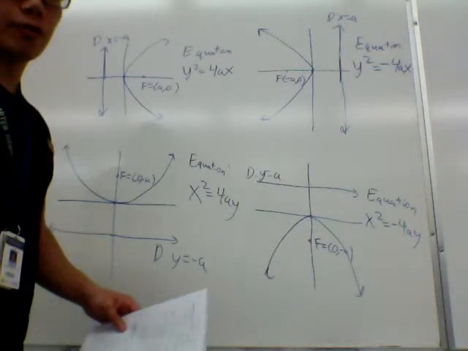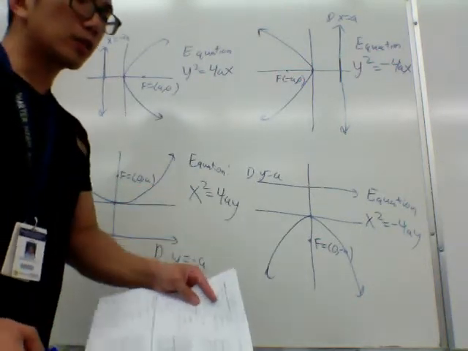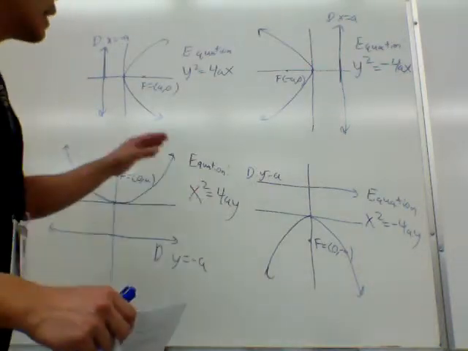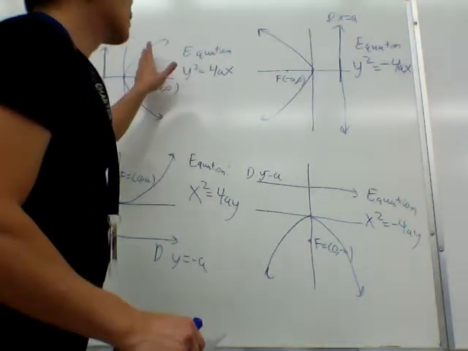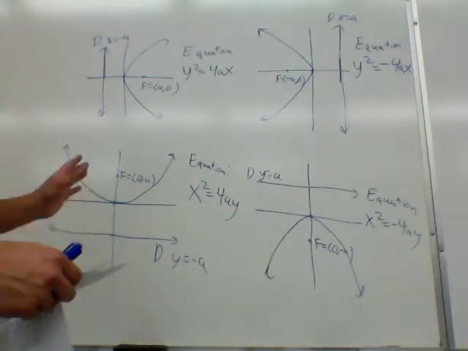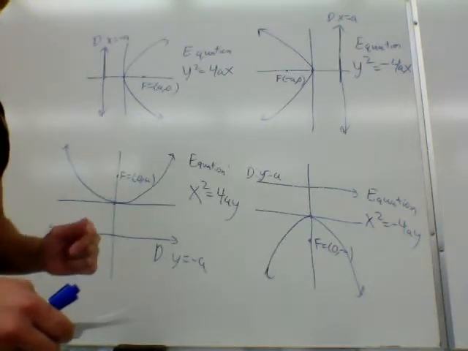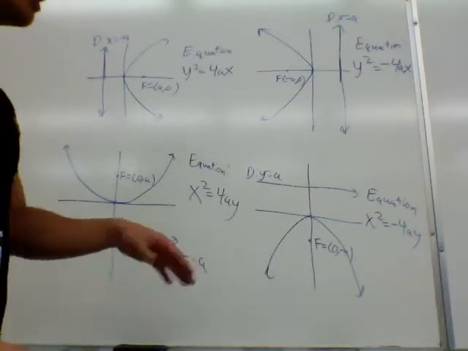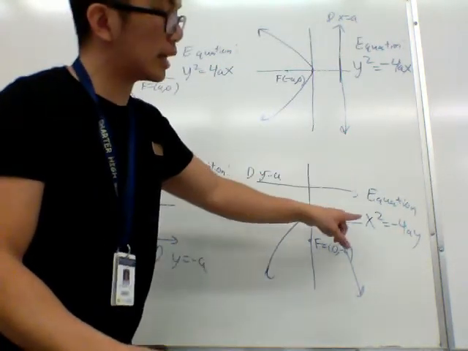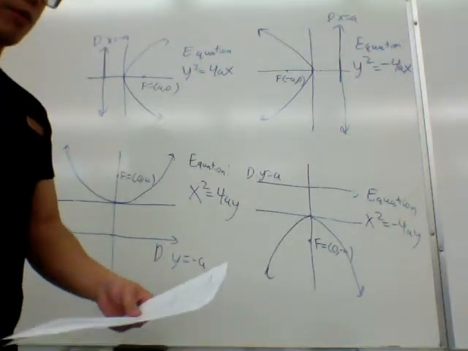Now, example 4 on the back, it says to analyze the equation x squared is equal to negative 12y. Well now, which one of these cases, 1, 2, 3, or 4, has the form x squared is equal to a negative number times y? It's case number 4. It's this one right here. So look that you match this equation with the equation that they give you in the example.